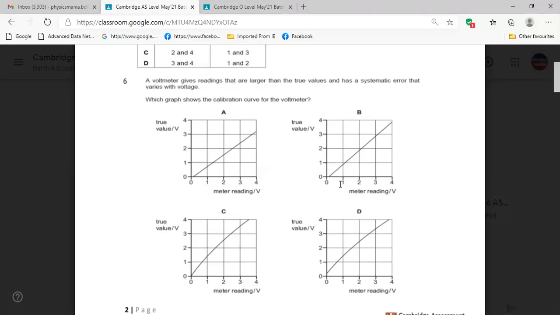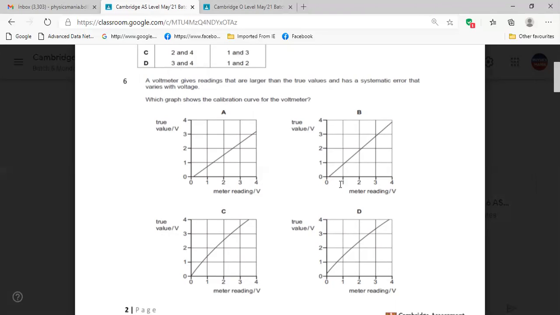They are giving you some important information. The first one is a voltmeter gives readings that are larger than the true values.